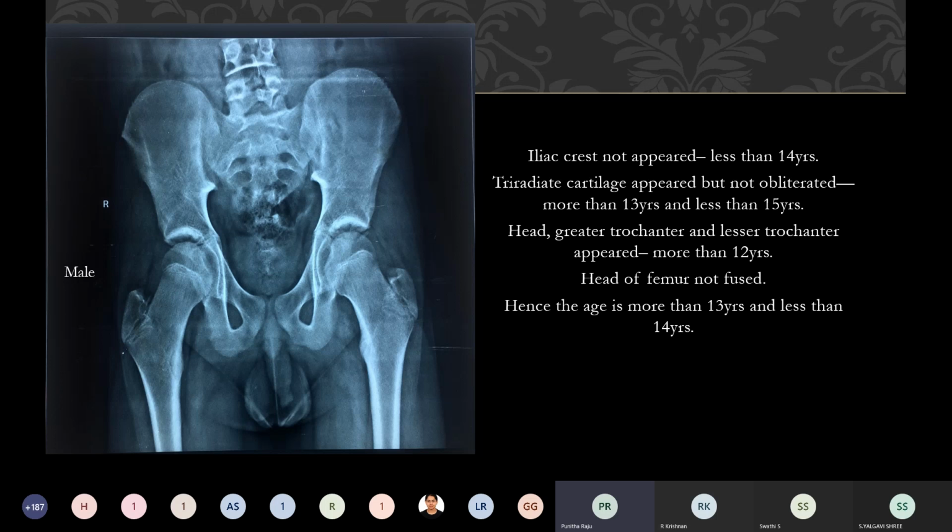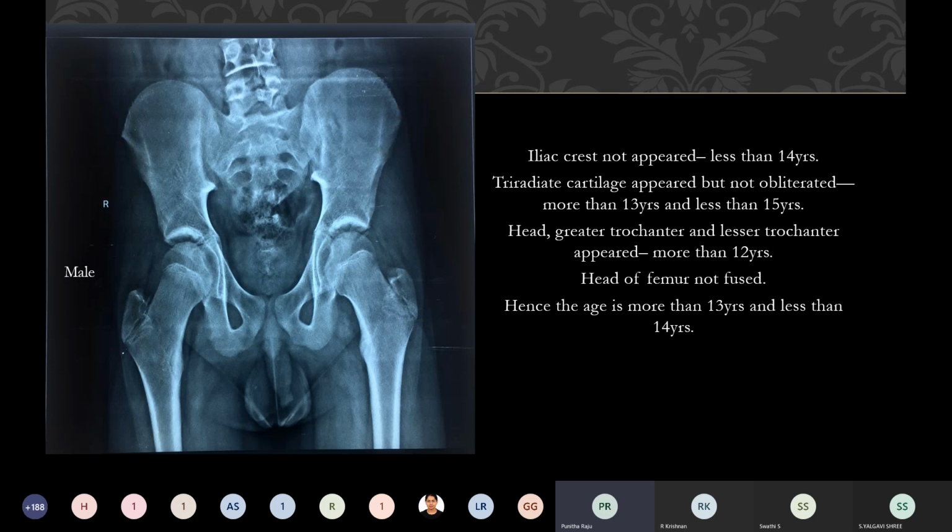Normally for the lesser trochanter they say 12 to 14 years. Since here the hilea crust has not appeared, I am fixing it as less than 12 years. Hence the age is more than 13. Why more than 13? The triradiate cartilage has appeared, and less than 14 because the hilea crust has not appeared. That is the reason.